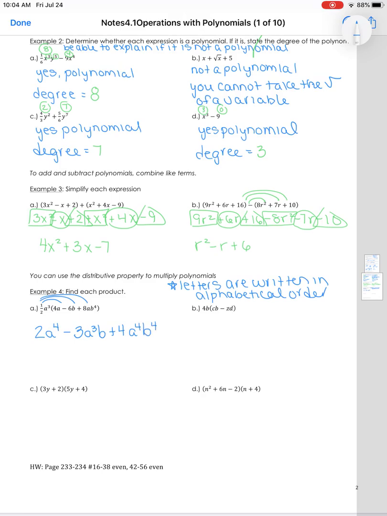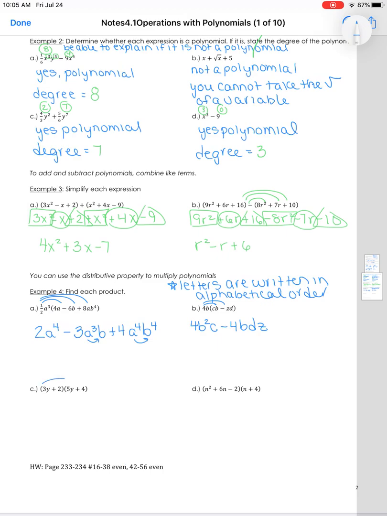So 1/2 a to the third times 4 would be 2. And now we add the exponents, a to the fourth, minus half of 6 is 3, a to the third b. You don't write it as b, a to the third. Half of 8 would be 4, and then you have 4 a's and 4 b's.